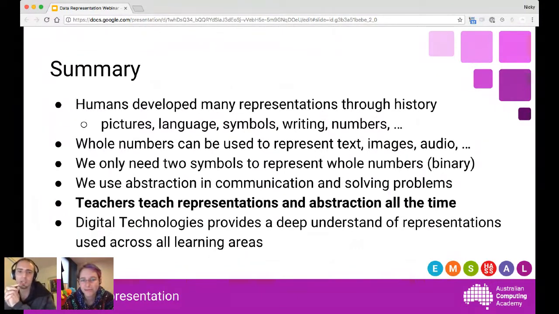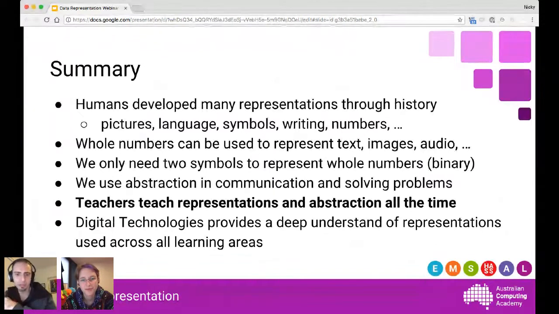So teachers are teaching representation and abstraction all the time, in everything you do, in every learning area that you're working in. And this subject gives us some glue, some technical language and terminology, to give those concepts and those ideas some vocabulary that the students can understand.